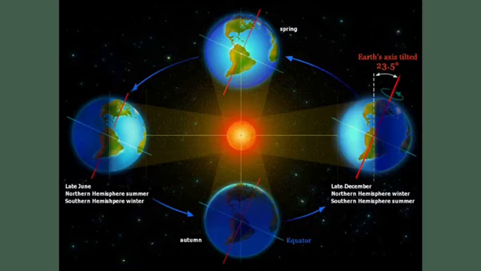As you can see here, with that 23.5 degree angle through the Earth's axis, at some points of the year, one hemisphere is tilted closer to the sun than the other hemisphere. When your hemisphere is tilted towards the sun, it's summer because it's warmer. When your hemisphere is tilted away from the sun, it's winter because it's a little bit cooler.